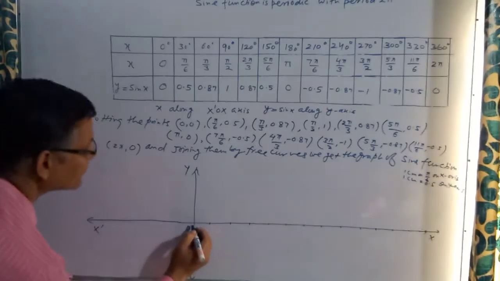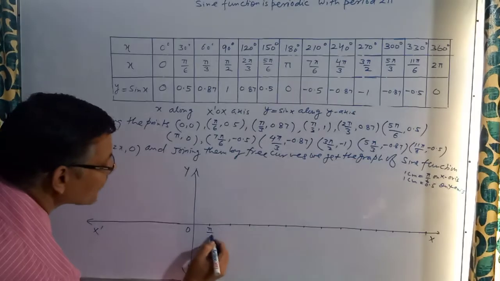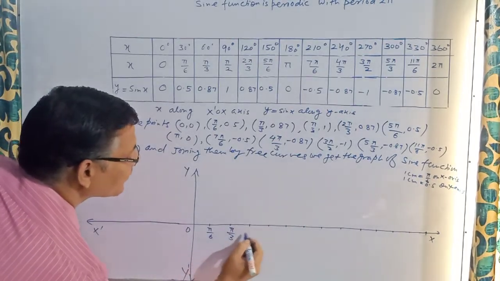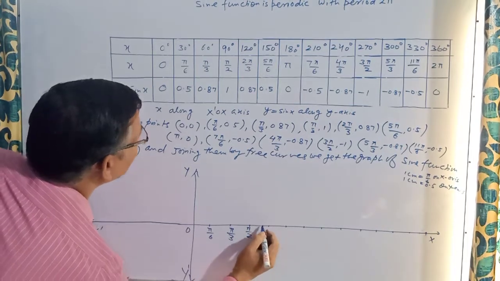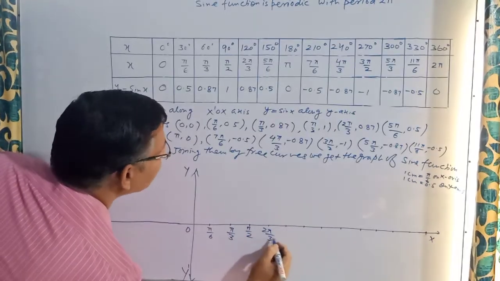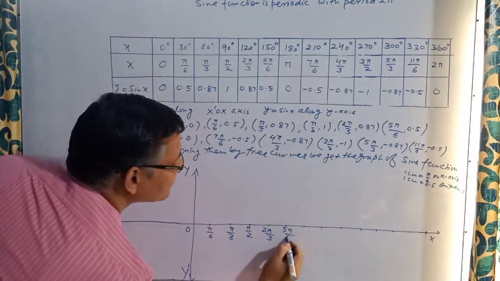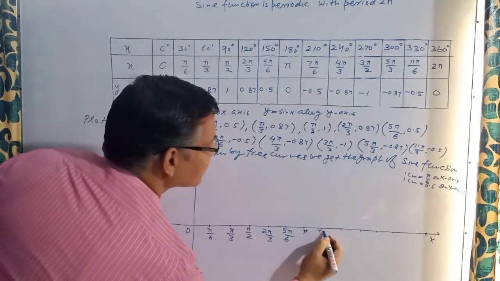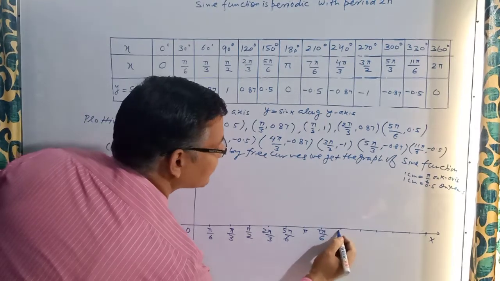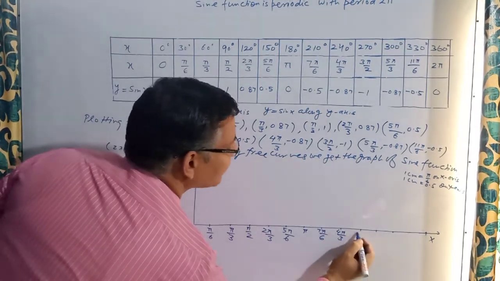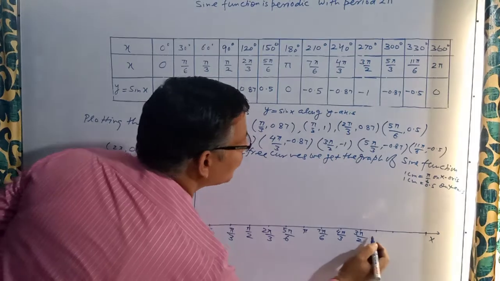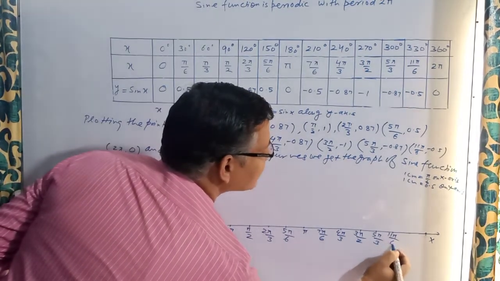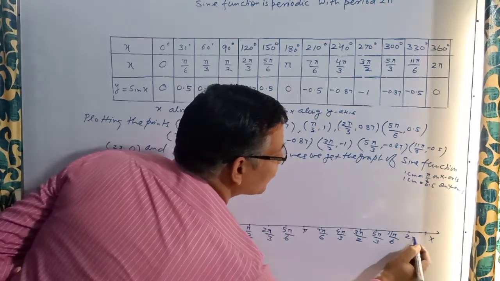So right here, that is 0 already. It is pi by 6, pi by 3, pi by 2, 2 pi by 3, 5 pi by 6, pi, 7 pi by 6, 4 pi by 3, 3 pi by 2, 5 pi by 3, 11 pi by 6, and 2 pi.